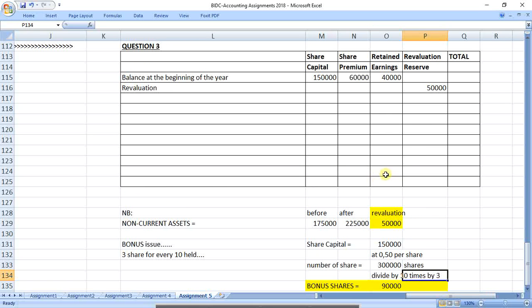Okay, what did they say? How do they want us to record it? On the 30th of June 2016, a bonus issue was made on the basis of 3 ordinary shares for every 10 held. Reserves were kept in the most distributable form. Okay, so they're saying the reserves are kept in the most distributable form, but that would have come from where? The retained earnings.